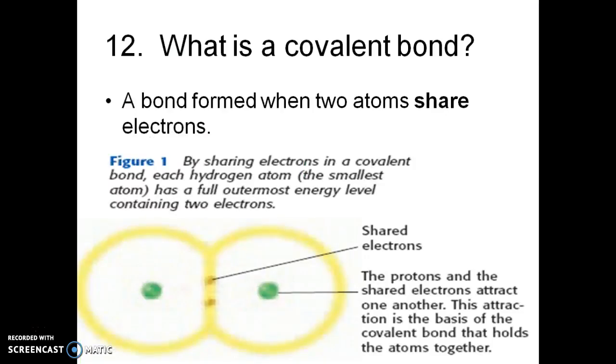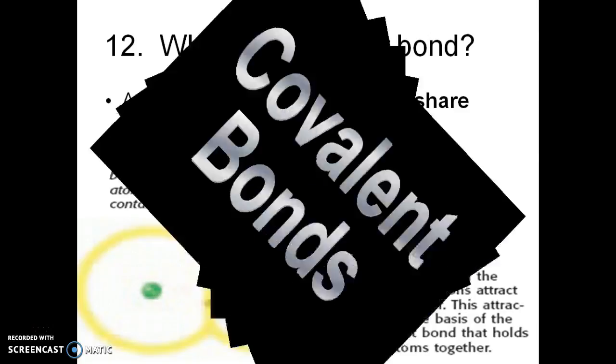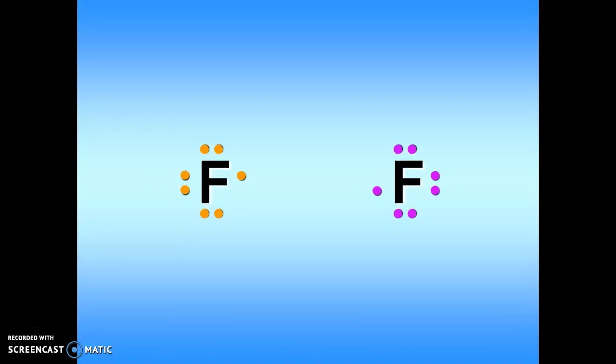Our next question is, what is a covalent bond? So we've talked about what an ionic bond is. What is a covalent bond? Well, a covalent bond is formed when 2 atoms share electrons. So with ionic bonds, we had some thievery going on, some stealing. With covalent bonds, it's all about sharing. Okay, so let's take a look.